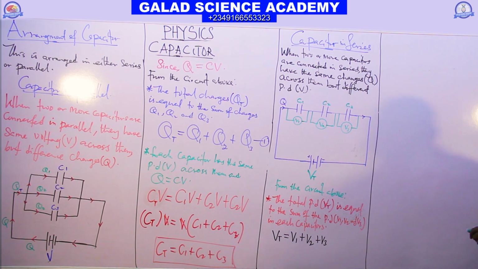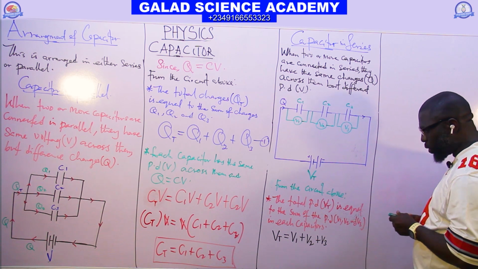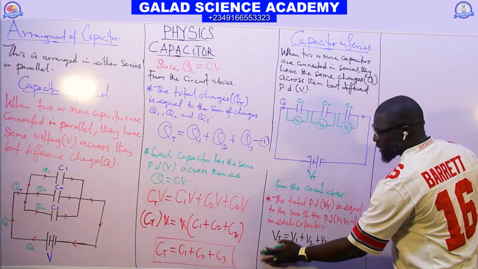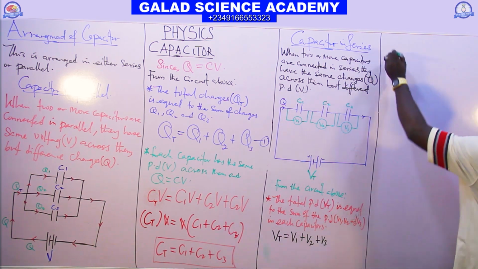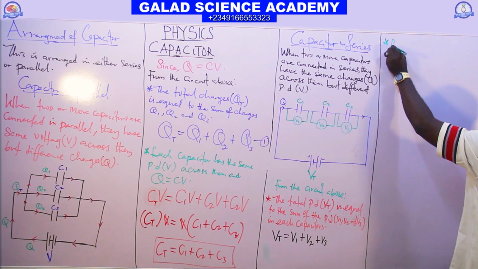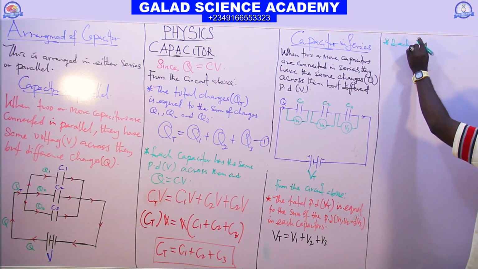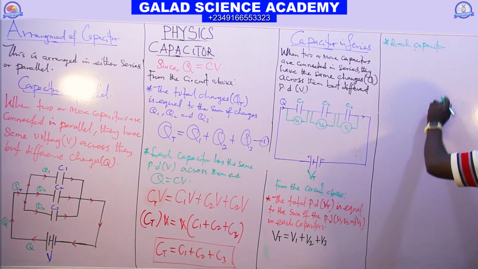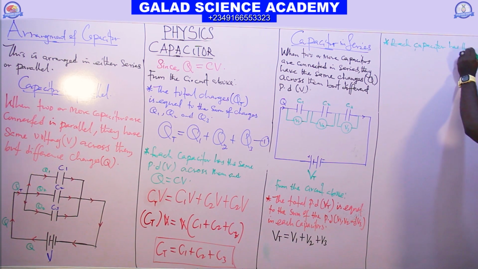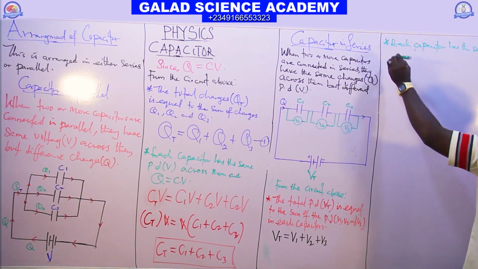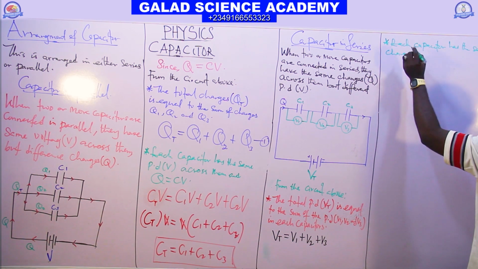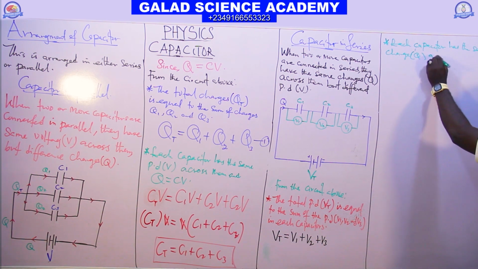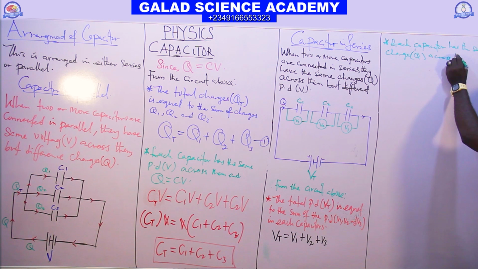The second rule, we say that each capacitor has the same charge, which is Q, across them.